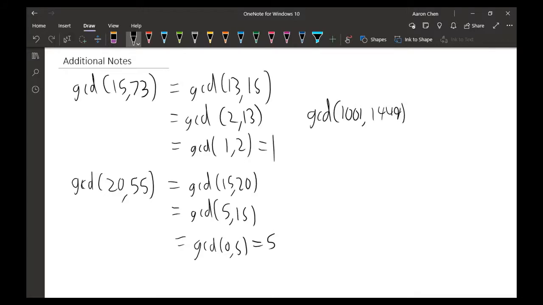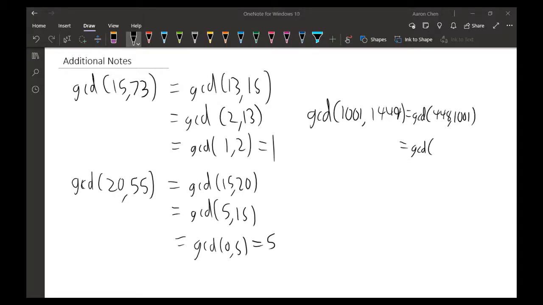So this is equal to the GCD of 1449 minus 1001, which is 448, and 1001. And this is equal to GCD of 448 times 2, which is 896.